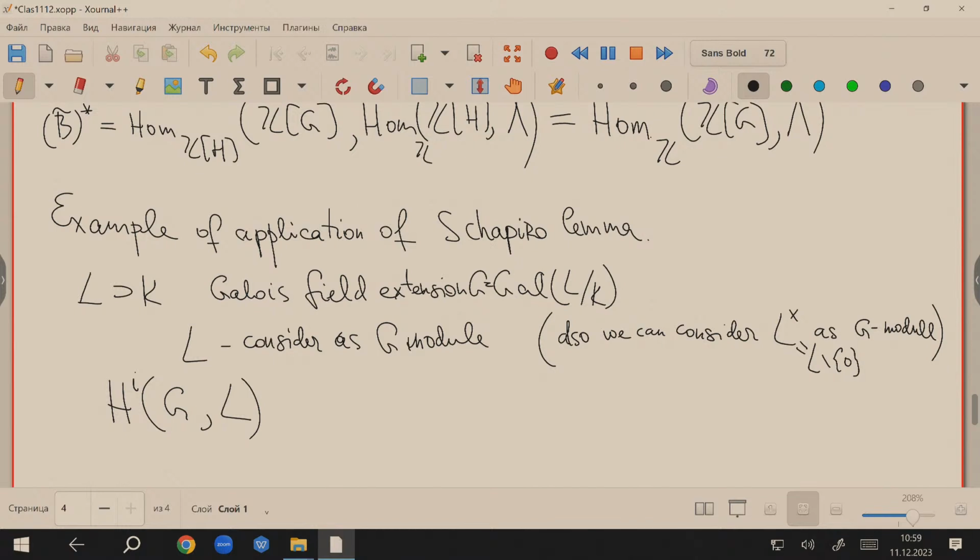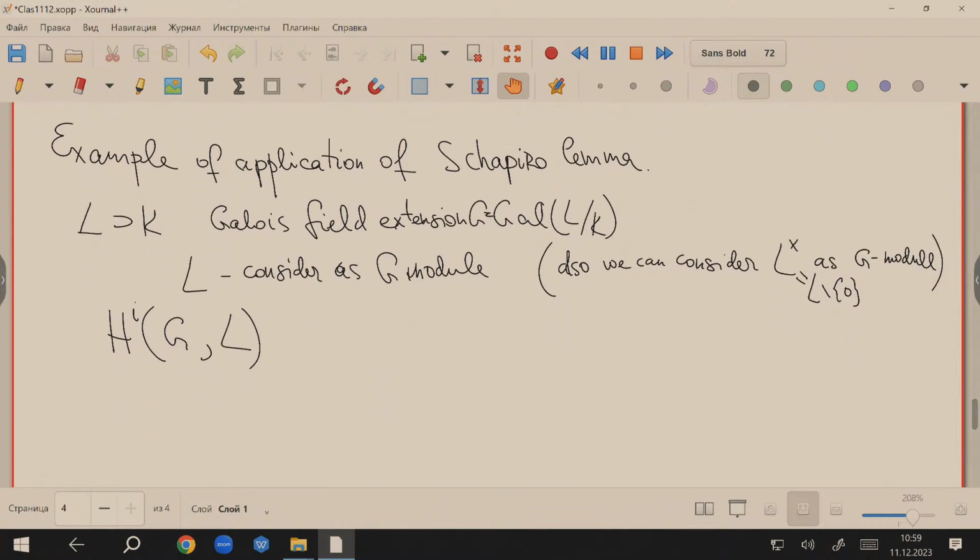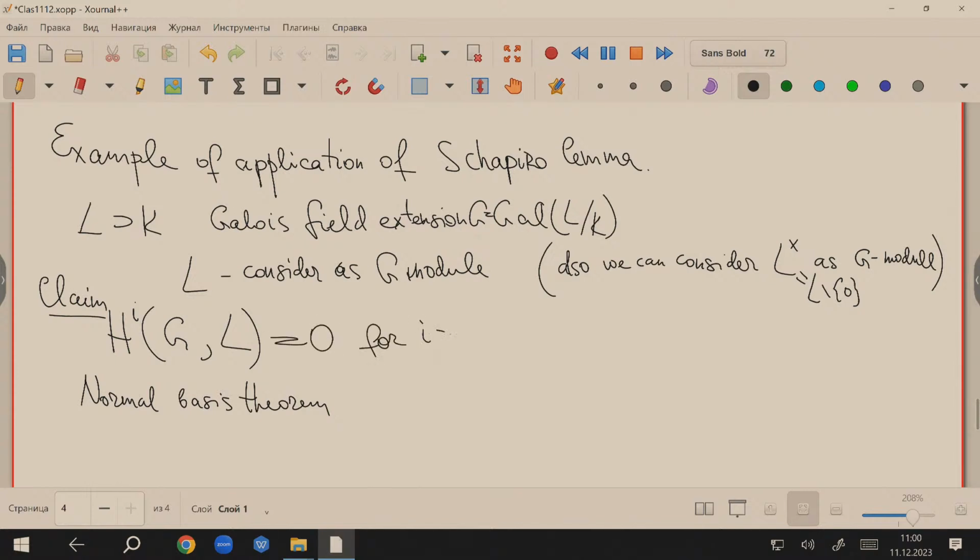And now we recall the famous theorem called the normal basis theorem. While recalling it, we shall use it to derive that the higher cohomology vanish. The claim is that this cohomology vanishes for i bigger than 0.